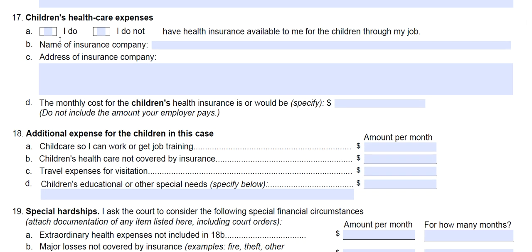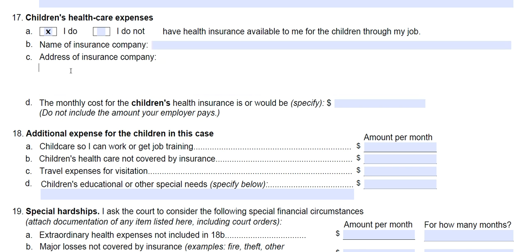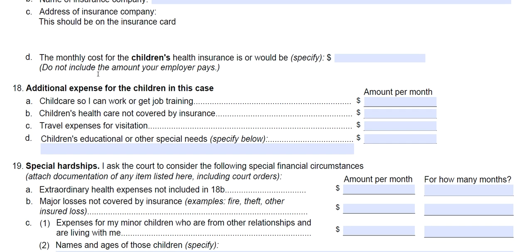If you do have health insurance, mark the box for I do, write in the health insurance company and the health insurance company's address, which should be on the insurance card. You can write in the cost to have the insurance.